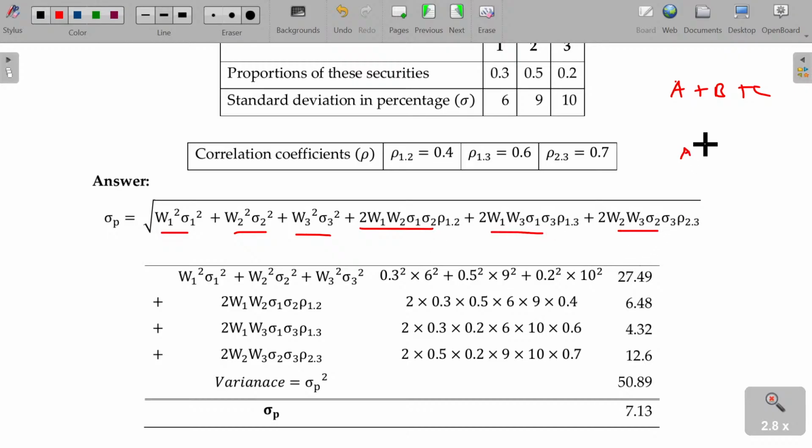This is nothing but A plus B plus C whole square: A square plus B square plus C square plus 2AB plus 2AC plus 2BC. That's a formula you can remember in case of 3. In case of 4, it is the A plus B plus C plus D whole square formula. So that's how you can expand. Of course, you have the idea, not more than that. It's not required for your inter level. Clear?